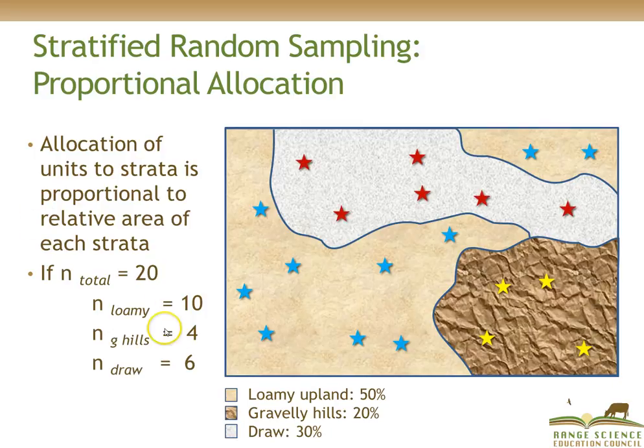Gravelly hills would get 4 sampling units because it's only 20% of the total area, and the draw, being 30%, would get 6 sampling units allocated.